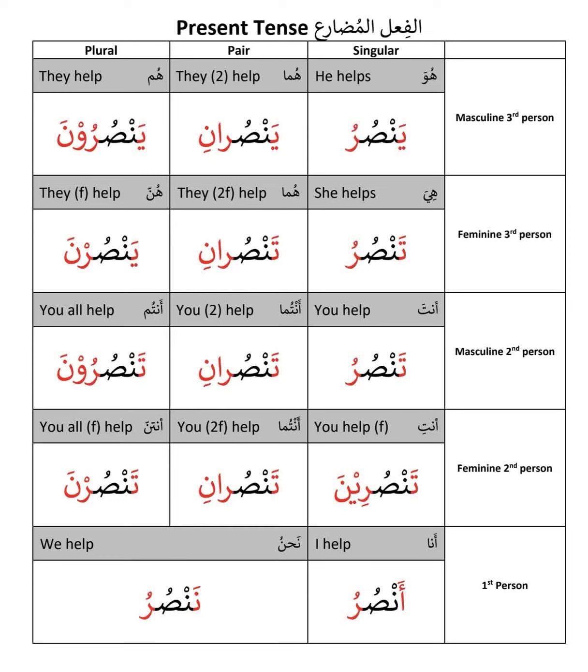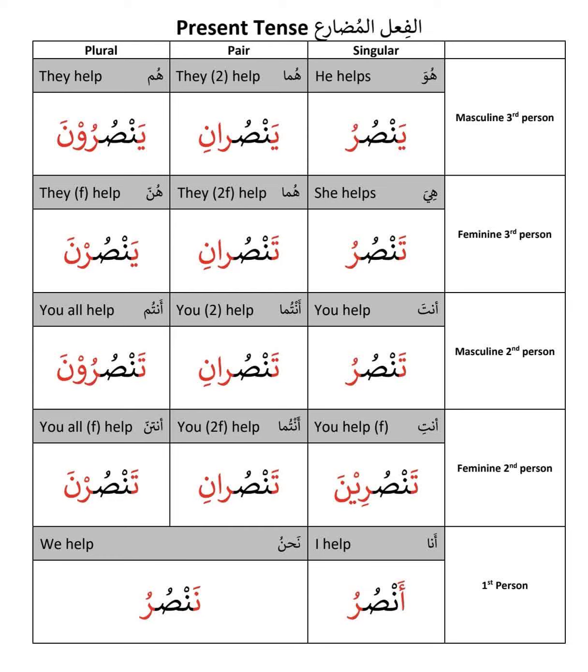So you can see all are tas. In the first huwa, huma, hum, hiya, huma, hunna versions, you can see ya, then ta, ya. But here all are ta versions. That is anta tansuru, antuma tansurani, antum tansuruna, anti tansurina, antuma tansurani, antunna tansurna. So what's the meaning?